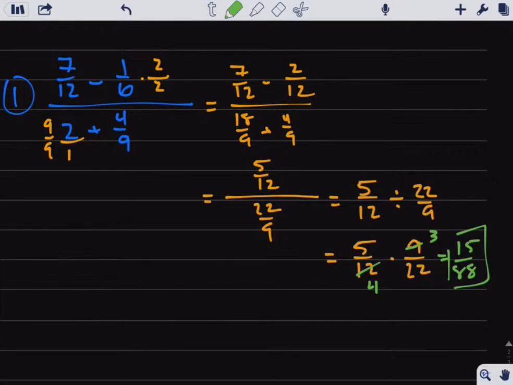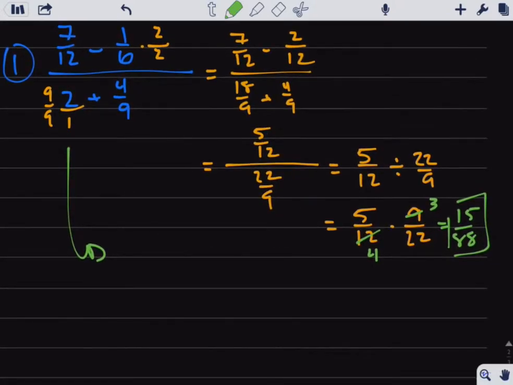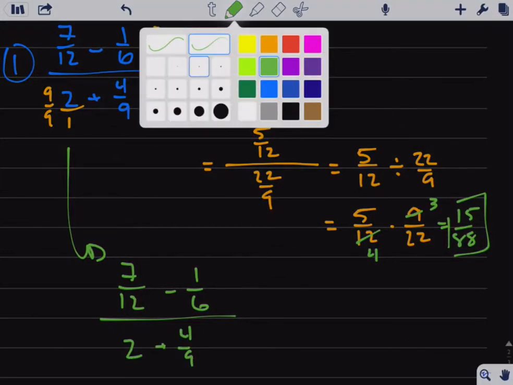Another way to do it, a different way, would be to take (7/12 minus 1/6) over (2 plus 4/9).